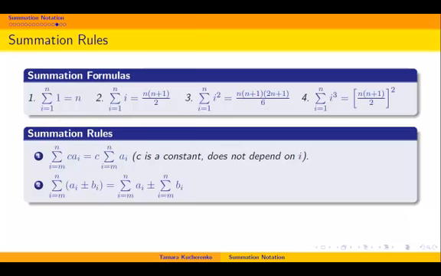The sum i equals m to n of a_i plus or minus b_i can be written as the sum from i equals m to n of a_i plus or minus the sum from i equals m to n of b_i.